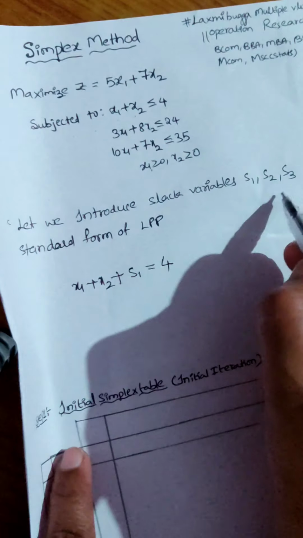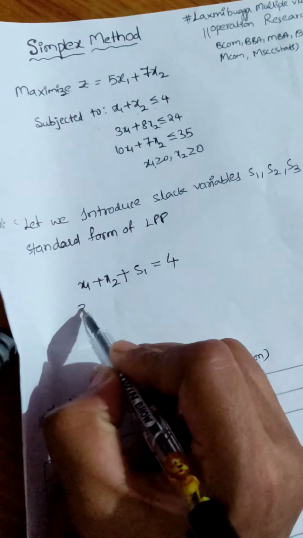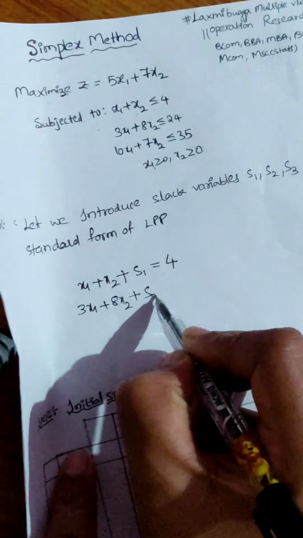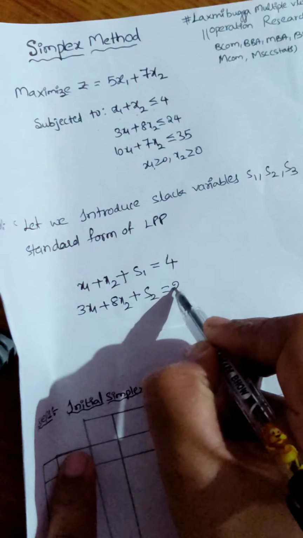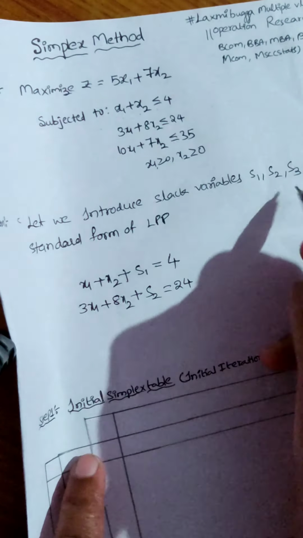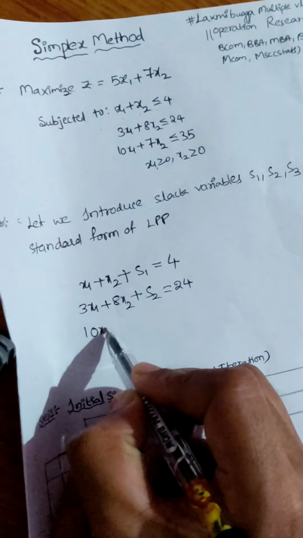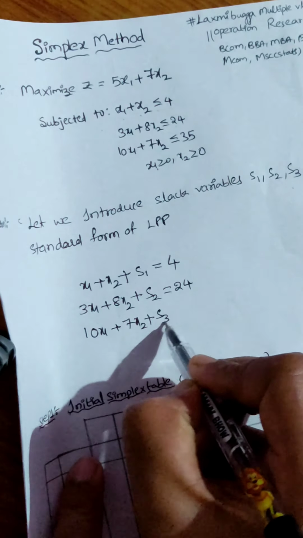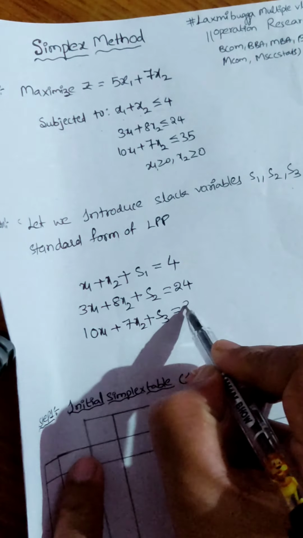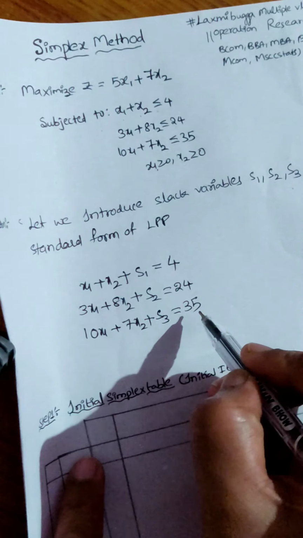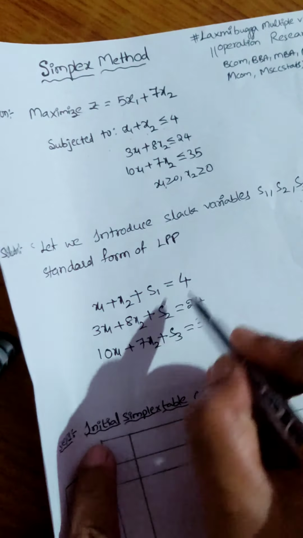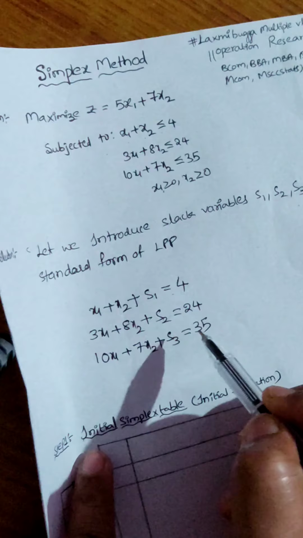Next, for the second constraint, 3x1 plus 8x2 plus s2 equal to 24. For the third constraint, 10x1 plus 7x2 plus s3, the third slack variable, equal to 35.